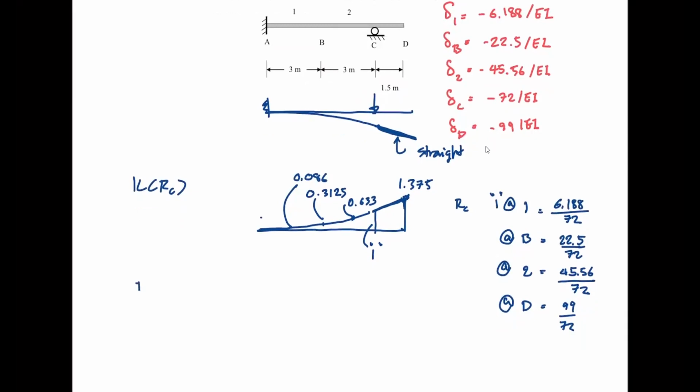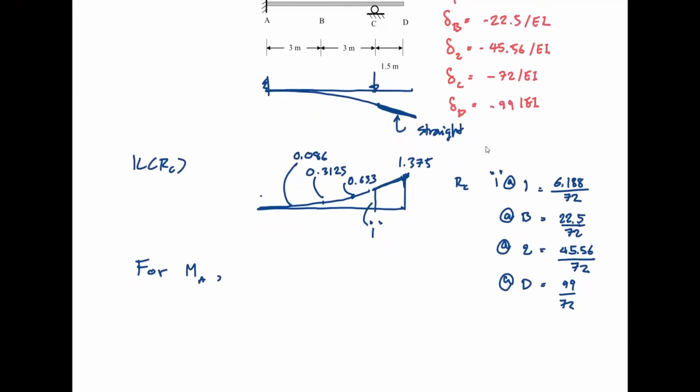So for MA, okay. Now remember you have this structure. But this time, you know RC, right? I kind of prefer, this is my preference, for a continuous beam with 3 supports, I prefer to remove the one in the middle.